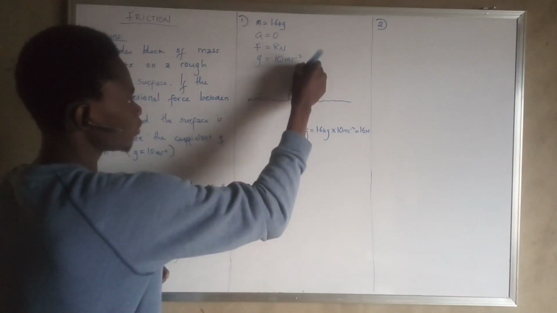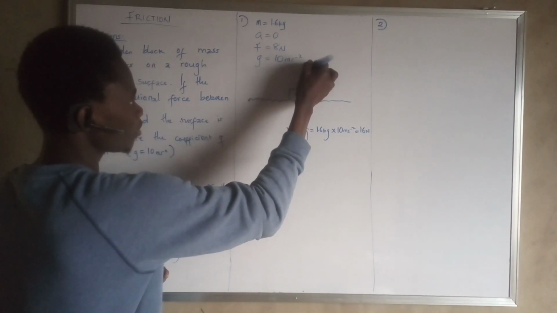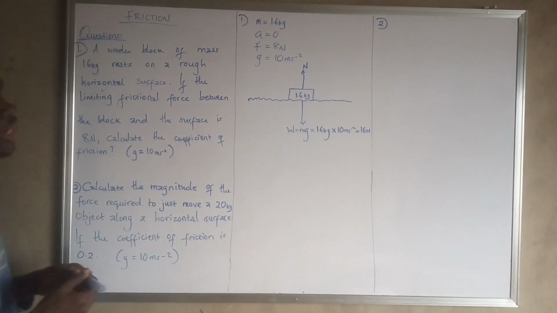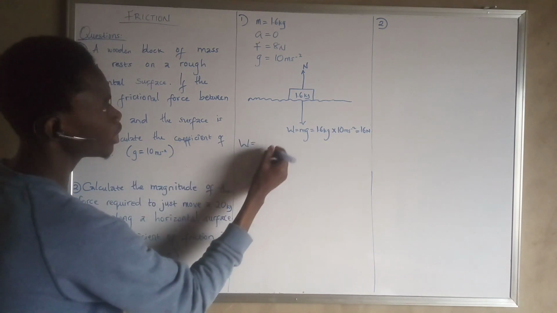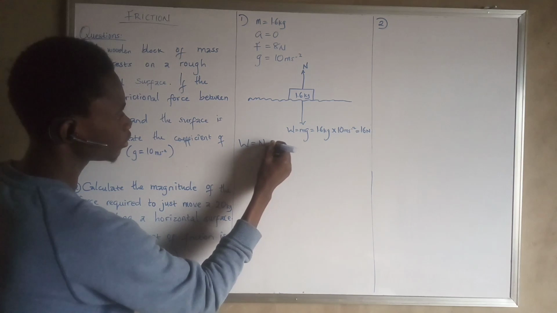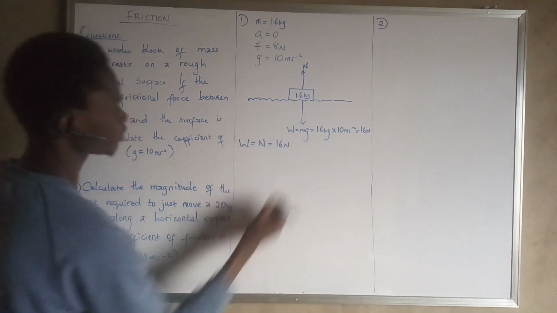Vertically upward, we have the normal reaction. Both the normal reaction and the weight are parallel to each other, so the weight is equivalent to the normal reaction, which is 16 Newton.